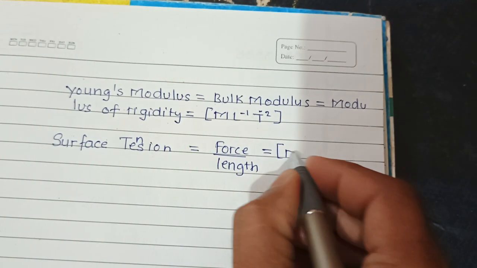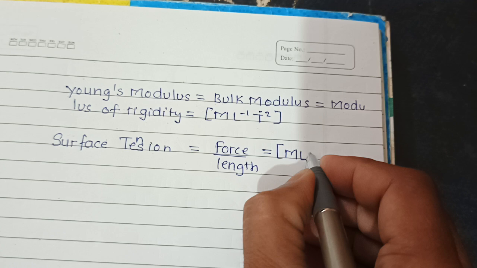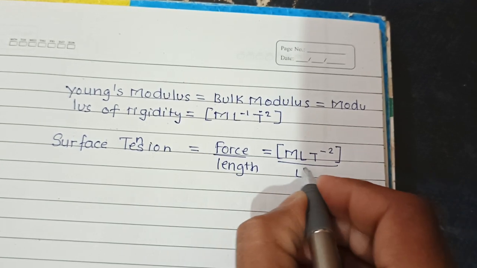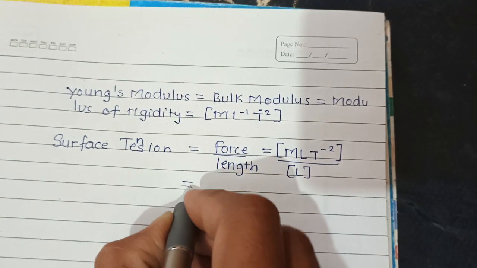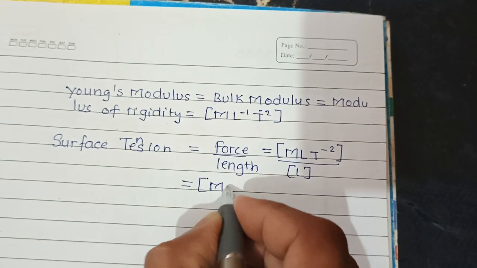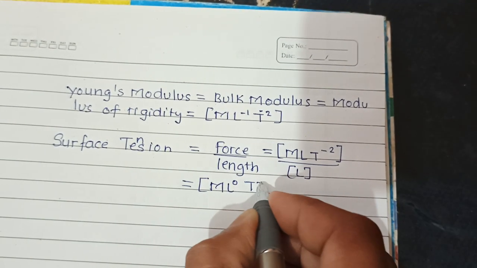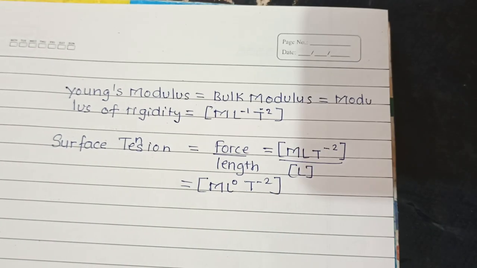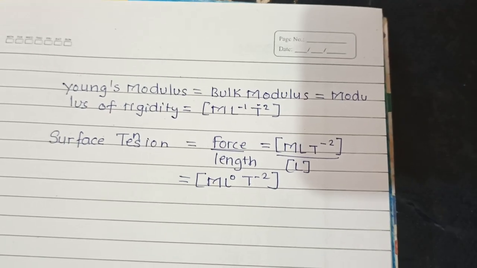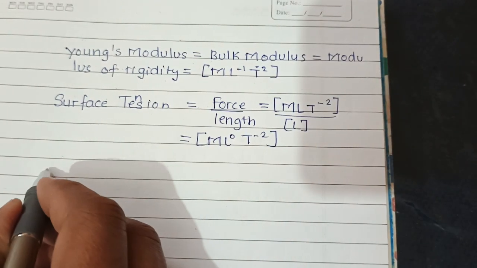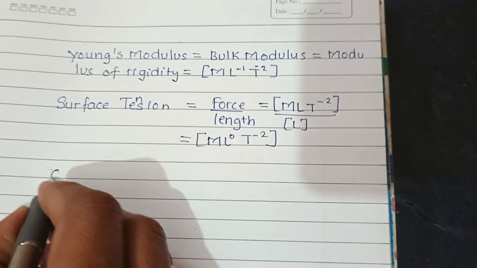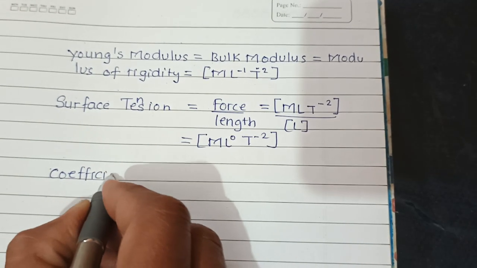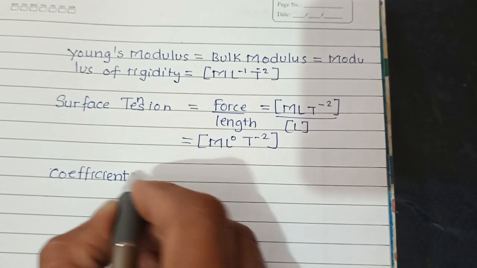Force is M L T to the power minus 2 upon L, so that is M L to the power 0 T to the power minus 2. Okay. Coefficient of viscosity, coefficient of viscosity is very important, this is very important.